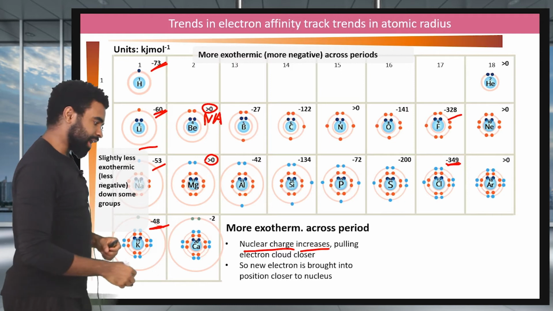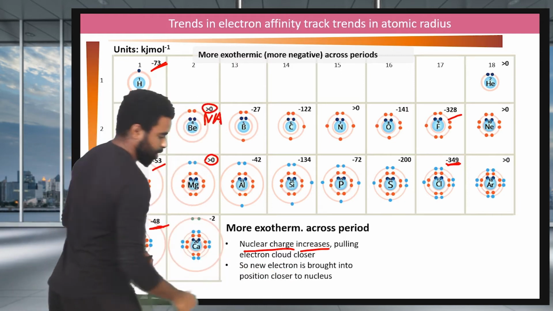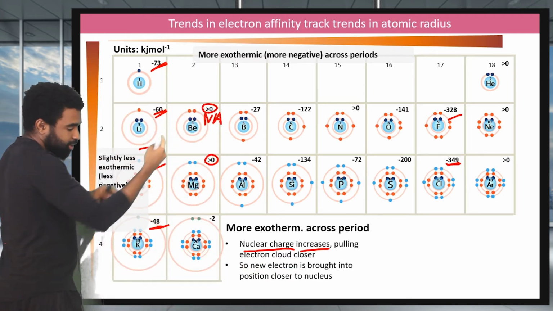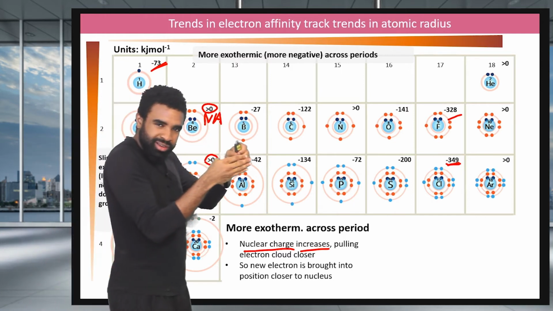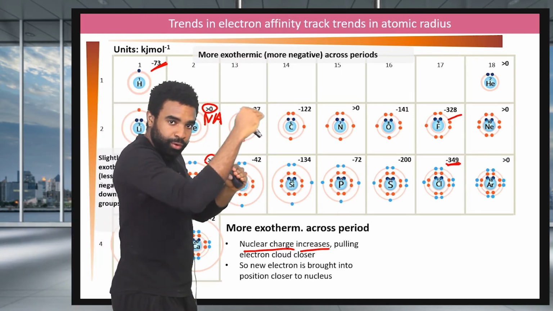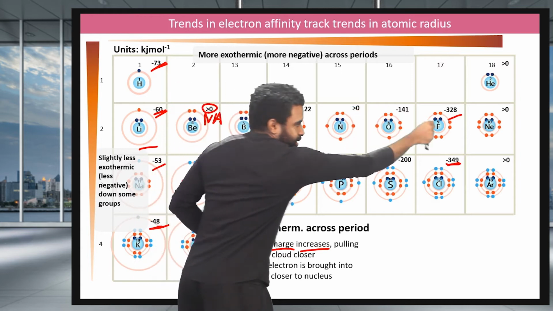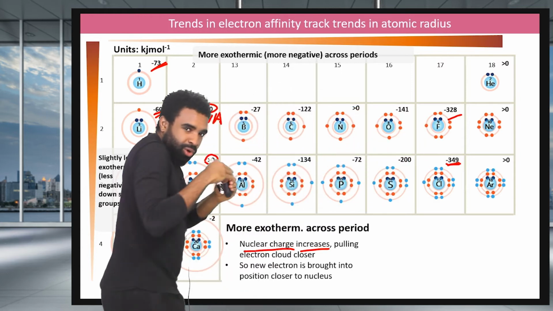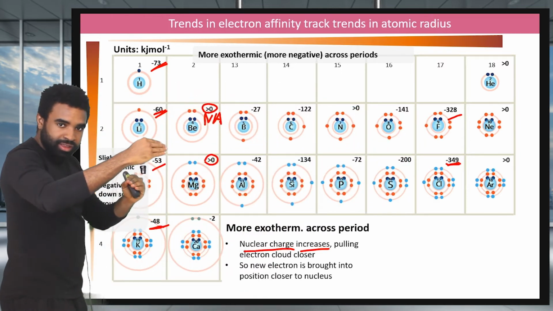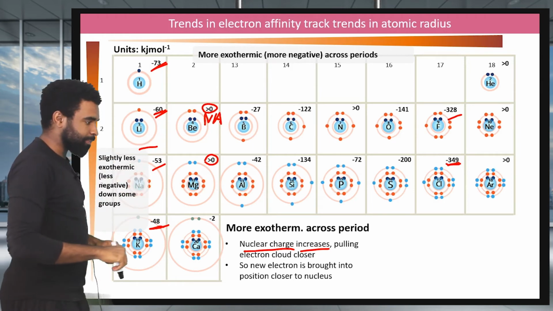Because of that, when a new electron is brought into the shell, it's brought into a position closer to the nucleus. So it's kind of like a bigger fall, right? Because it's coming in closer to the nucleus here, the pull is stronger, and the energy released when it falls is larger.